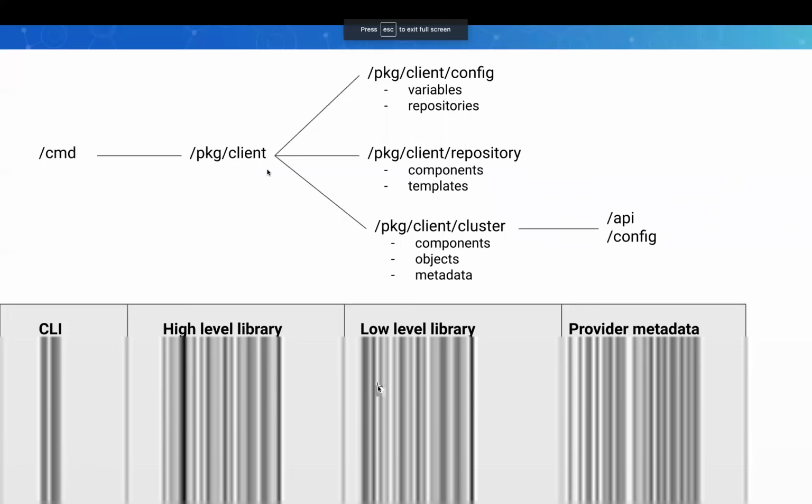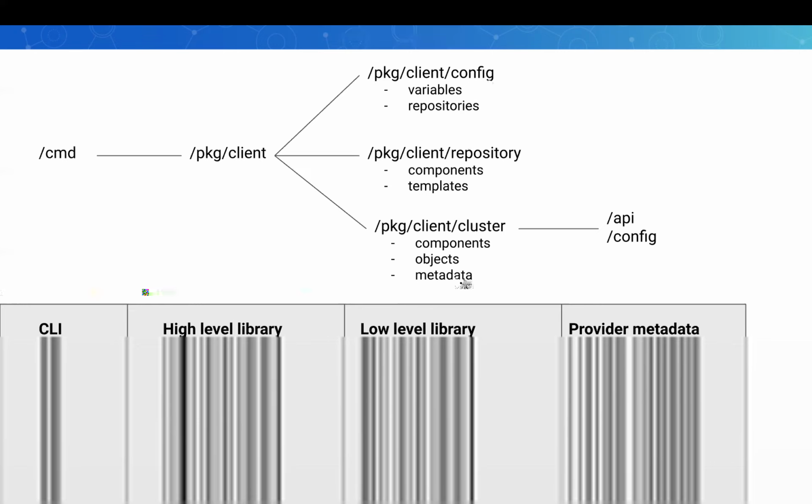And this low-level library is organized around the domain entities of our program, of the problem space covered by clusterctl. And in this case, there are three main entities.